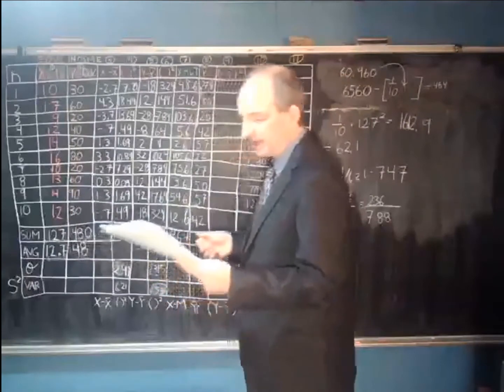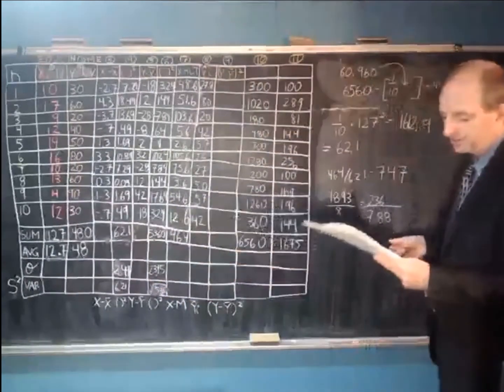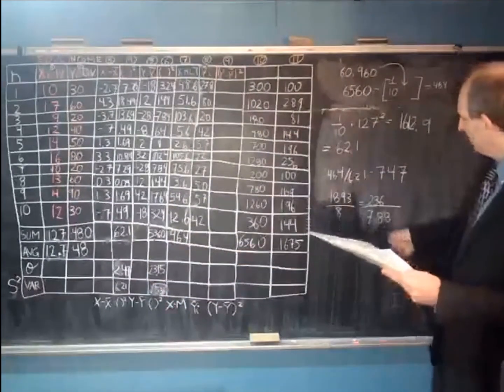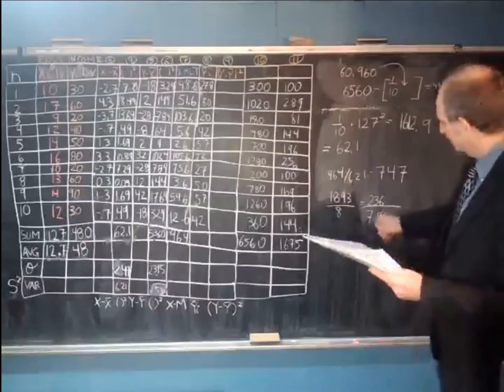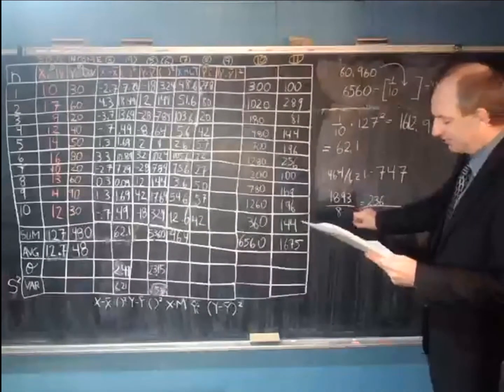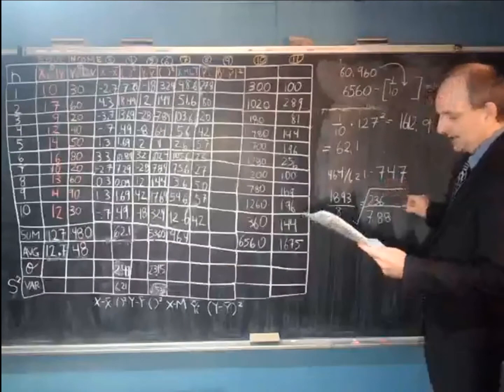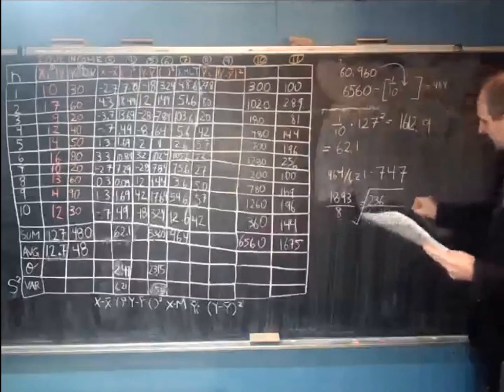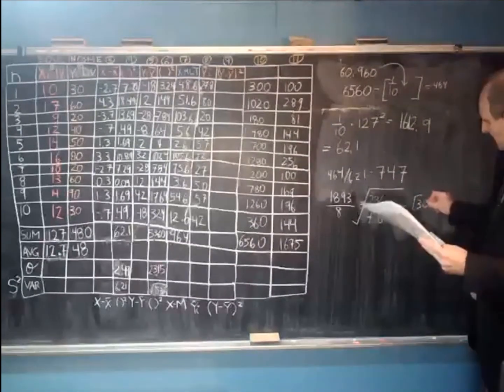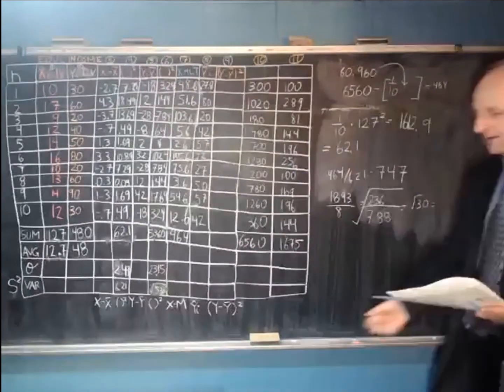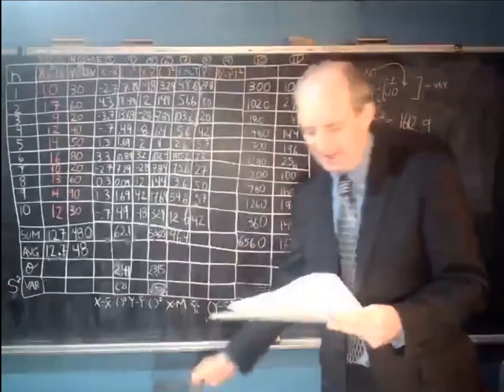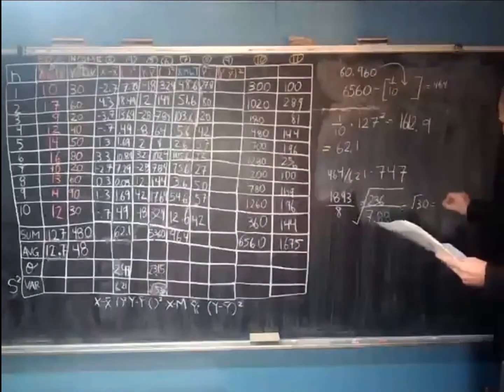Okay, and this is going to give us the root of 236 divided by 7.88. So it's going to give us the root of this, right? And that is going to be the root of 30. And you would plug the values into your calculator, and out would come 5.47. Boom.